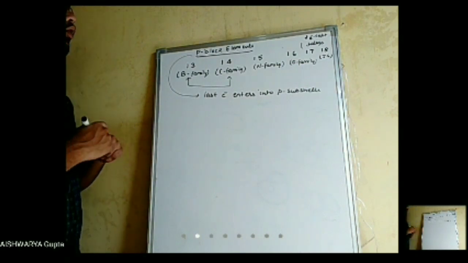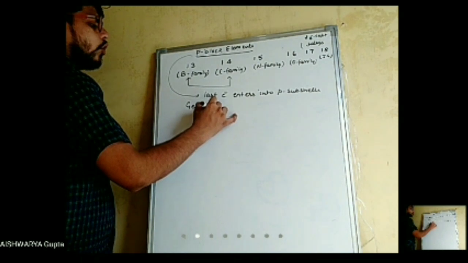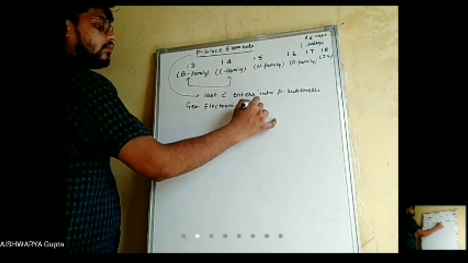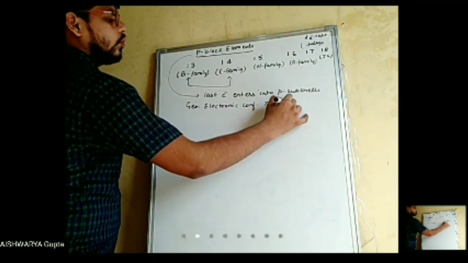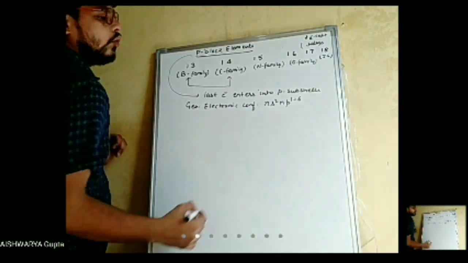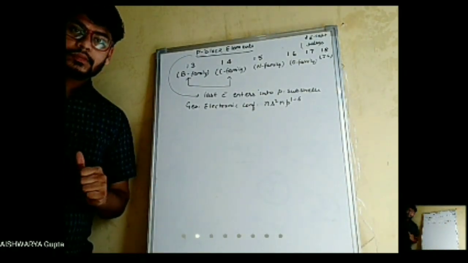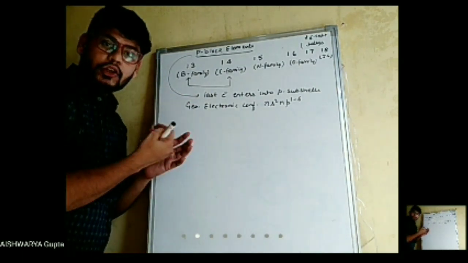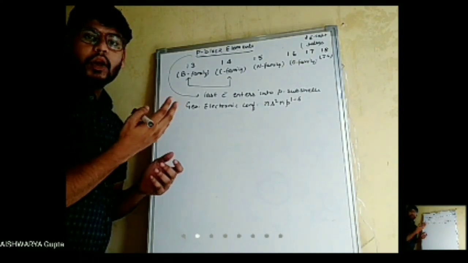If I tell about their general electronic configuration, it is written as ns2 np1-6, where n is just the number of the period or number of shells, as you already know.